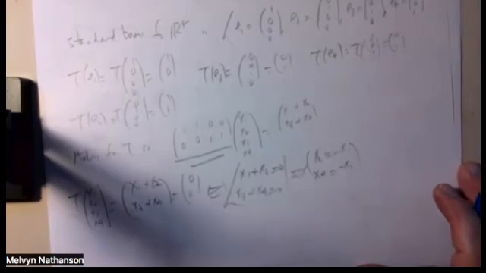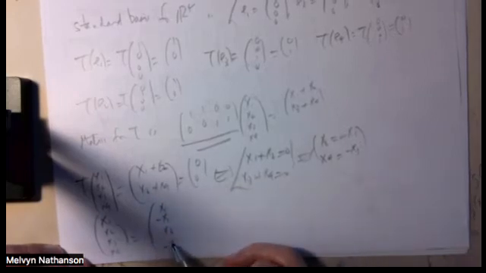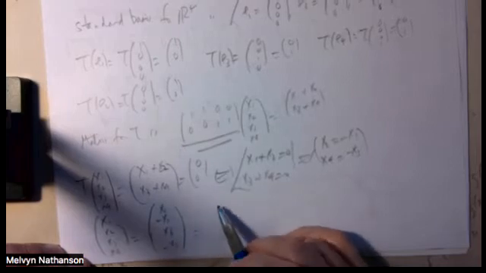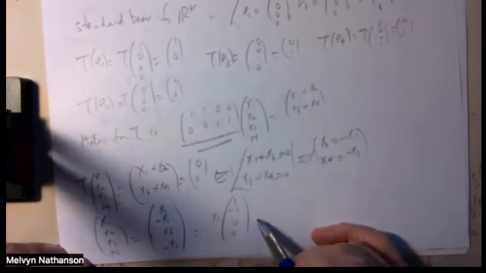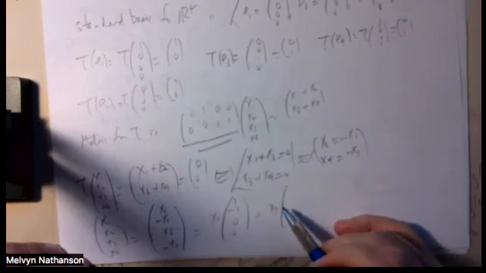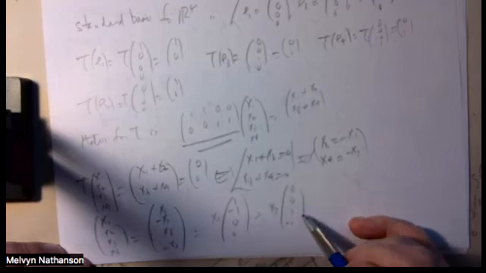So a vector in the kernel is going to have x1, minus x1, x3, minus x3. I could write that as x1 times the vector 1, minus 1, 0, 0, plus x3 times the vector 0, 0, 1, minus 1. And every vector in the kernel is uniquely a linear combination of these two vectors.